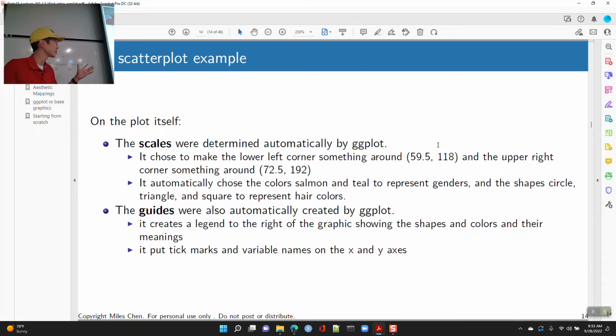If you had to do this manually, when I started drawing this, I looked at my data set and I said, okay, what's the smallest value? And I said 62. So I'm going to just start off at 60, and I started drawing tick marks and I ended up at 75 or something, right?